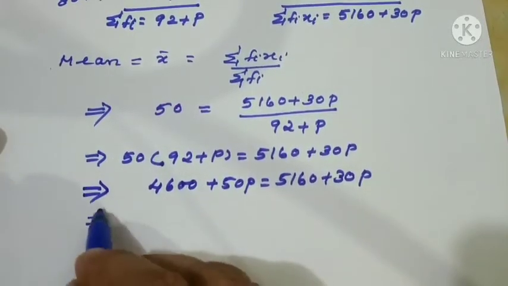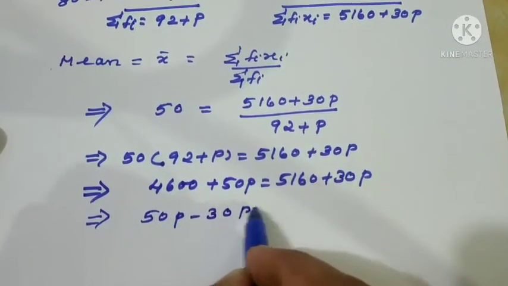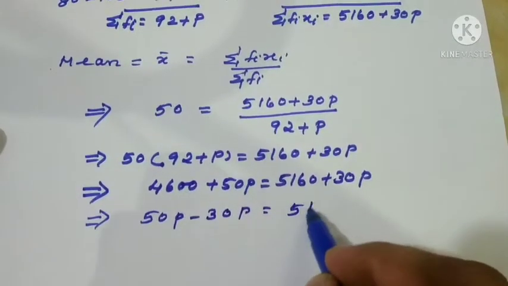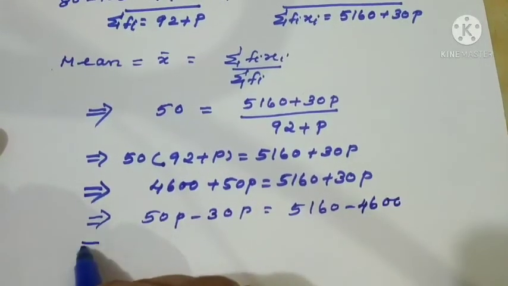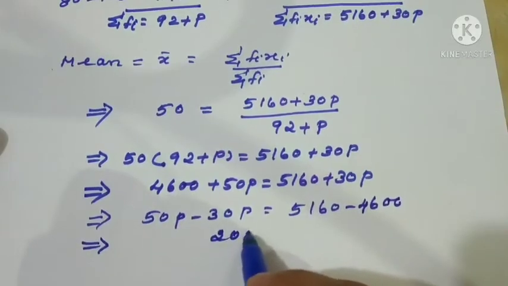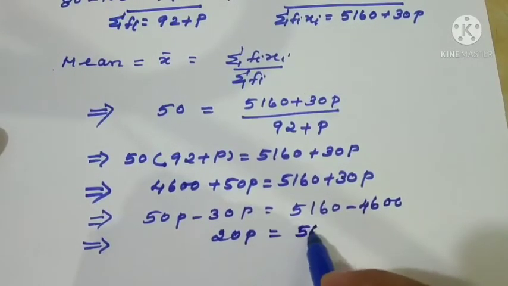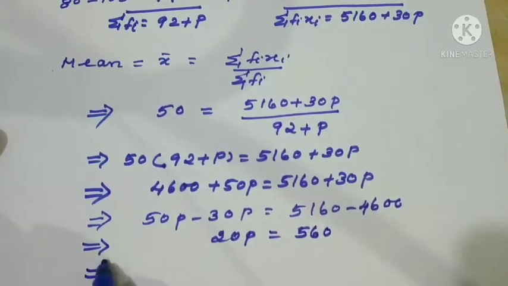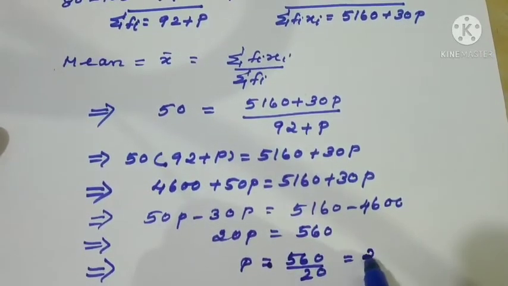So p terms on one side, 50p minus 30p equal to 5160 minus 4600. So 20p equal to 560. Therefore p equal to 560 by 20, it is equal to 28.